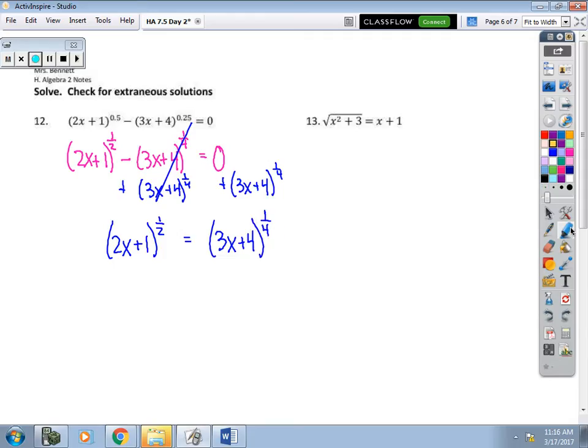So this time again, the denominators are different. I have a 2 and a 4. Do you think I should square both sides or raise both sides to the 4th power? I want to be able to get rid of the denominator so that I don't have any type of root left. Lainey?